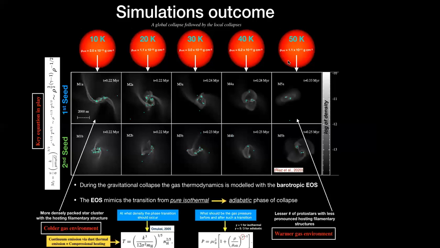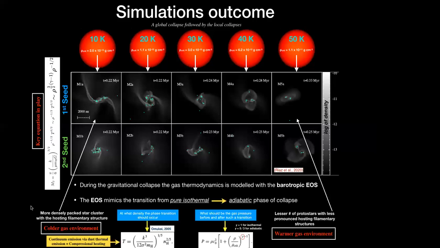And when the CMB assigns a gas temperature around 50 Kelvin, because of the high redshift environment, you expect very few protostars to form, and these stars also form in not very pronounced filamentary structures. So these are the two fundamental outcomes that we observe in our simulations.